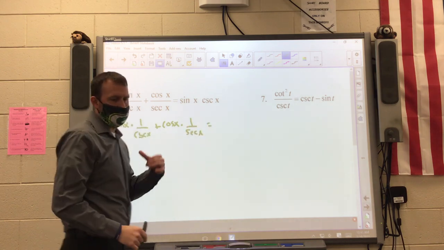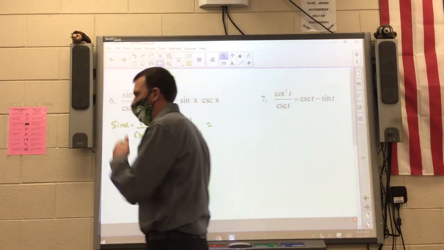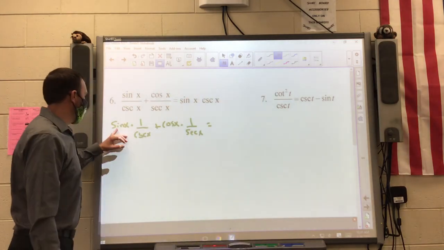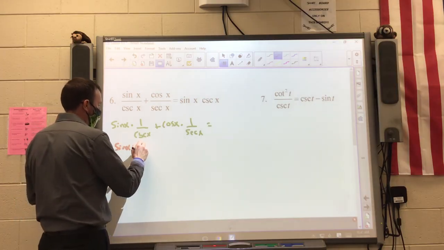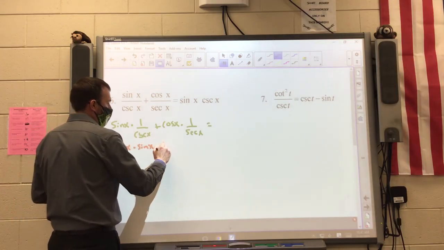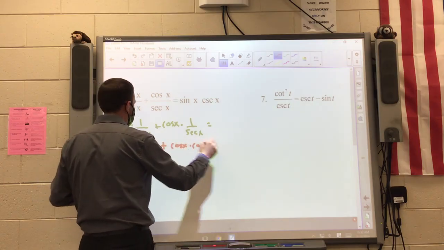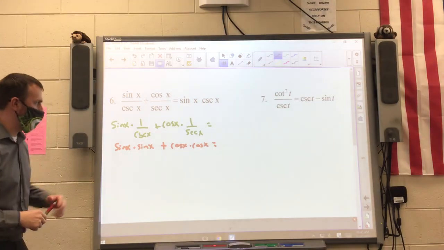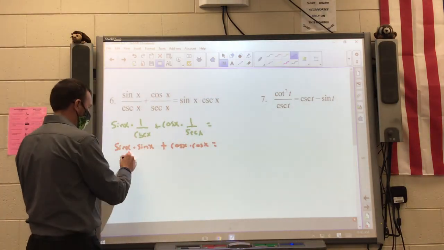And I've got to get that to equal my other side. Well, if I recognize this now, this is really sine of x times sine of x, and this is really cosine of x times cosine of x, because the reciprocal of cosecant is sine, and the reciprocal of secant is cosine.